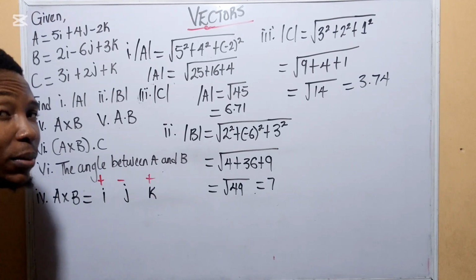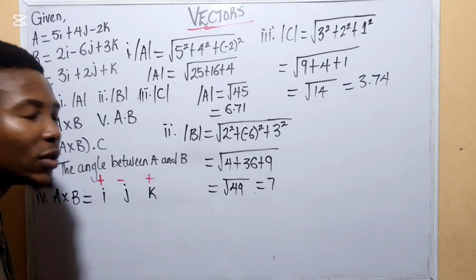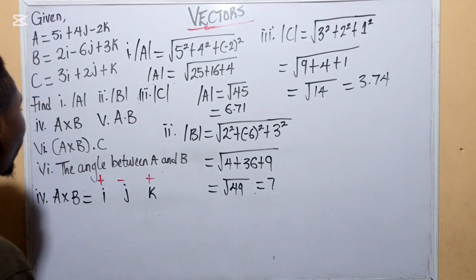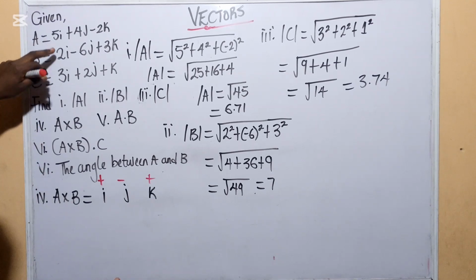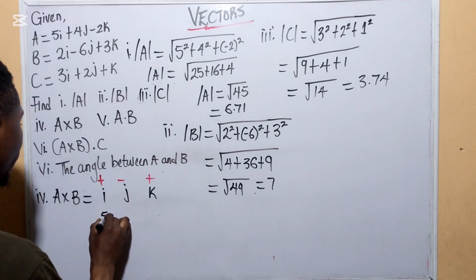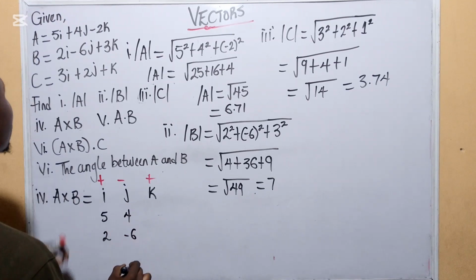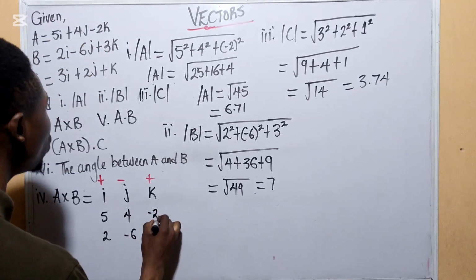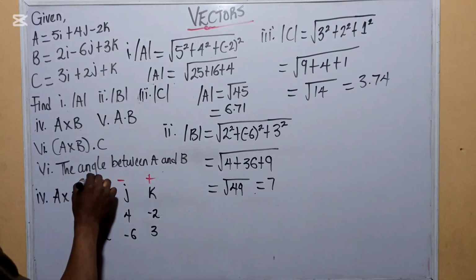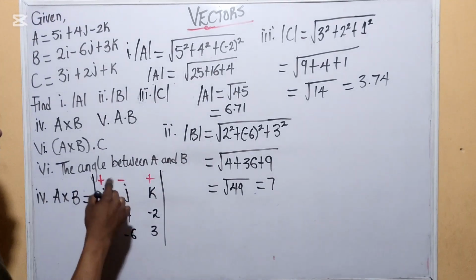Because this is a 3 by 3 matrix. Now, what are the components of your I? Components of your I between A and B, you have 5, 2. For J, you have 4, and then you have minus 6. For K, you have minus 2 and 3. So you put this. So this is now a 3 by 3 matrix.